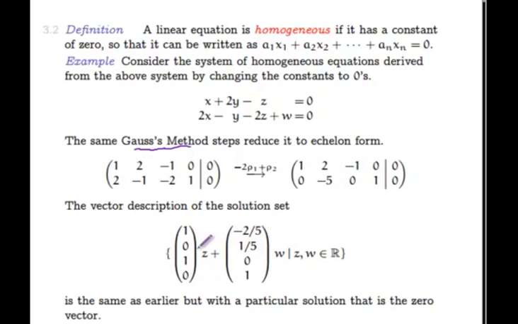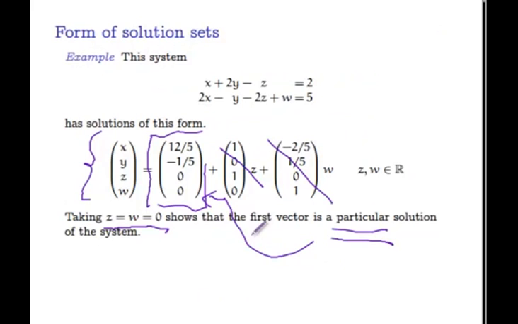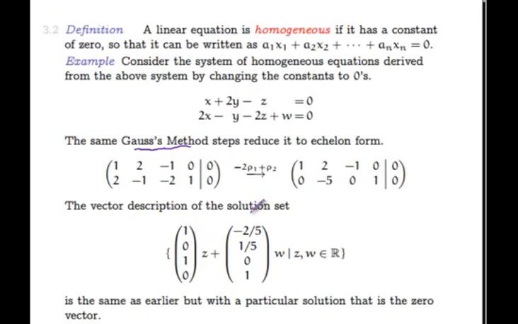Notice that this solution here is exactly the piece of the solution here which I set to 0 when z equals 0 and w equals 0. So in fact I can divide my general solution into two pieces, one where I set z equals 0 and w equals 0, that's a particular solution, another where I allow z and w to vary, which gives me the parameterization of my entire solution.